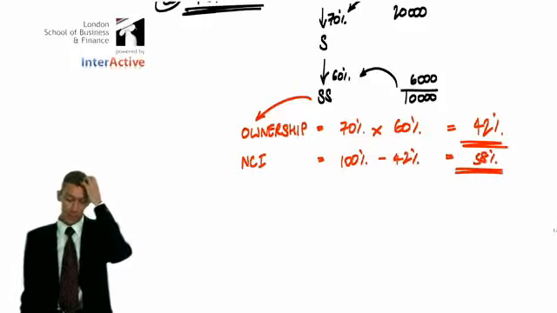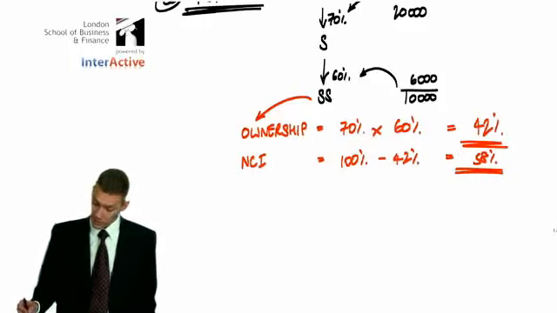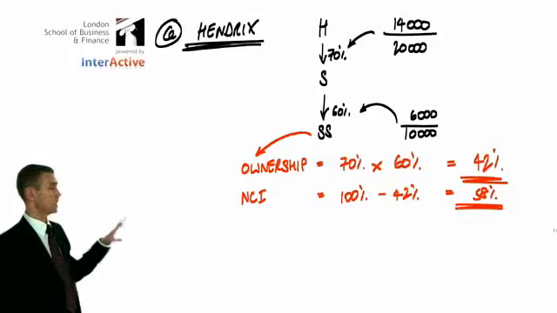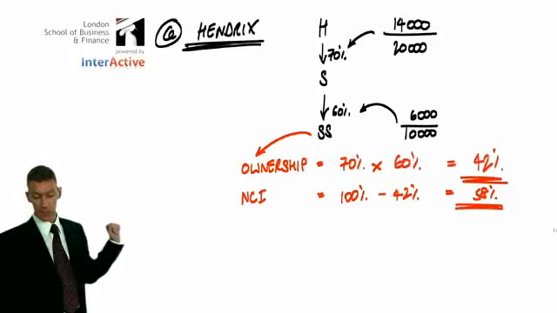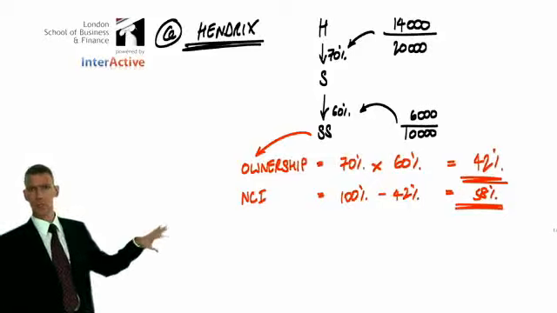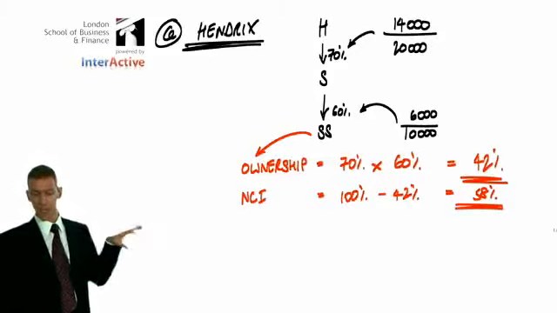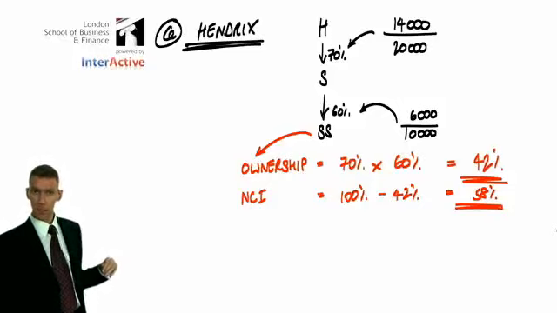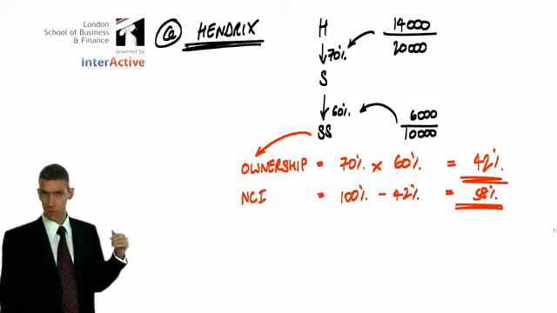But actually, to be quite frank with you, there are two NCI. Our NCI in the lower sub is 58%. But the NCI in the mid sub, can you see our ownership in the mid sub is 70%?